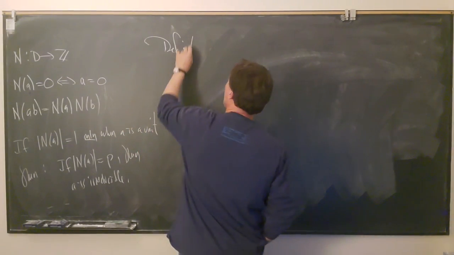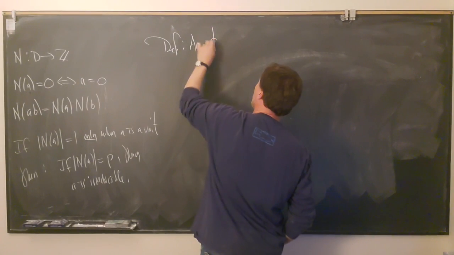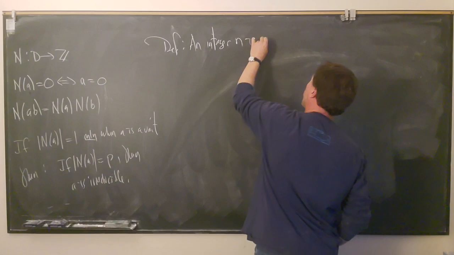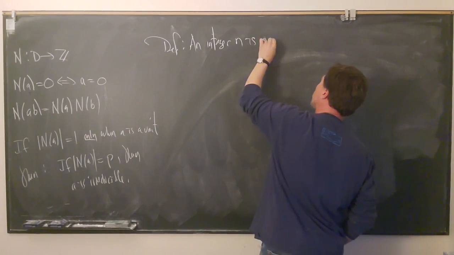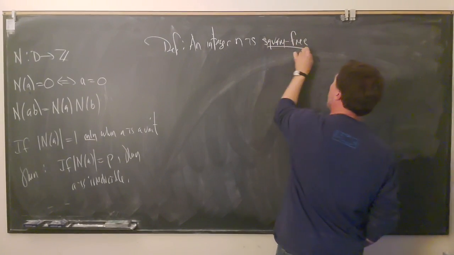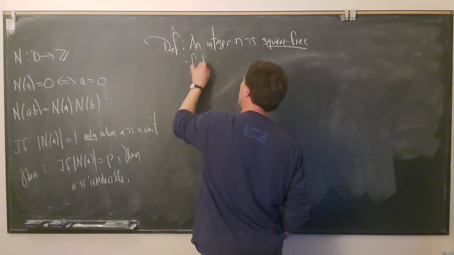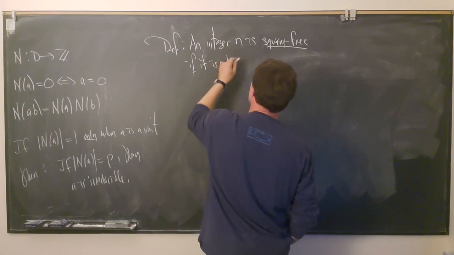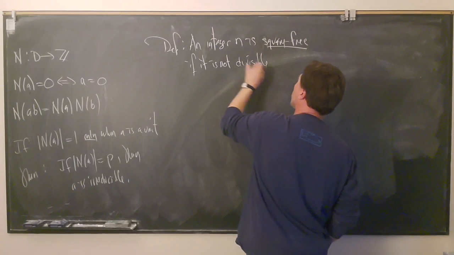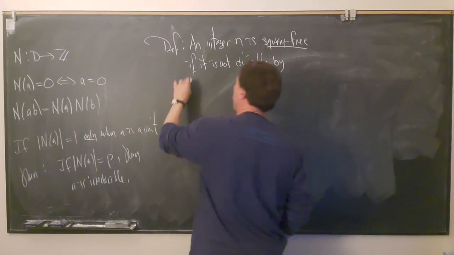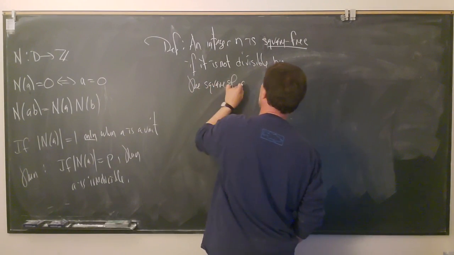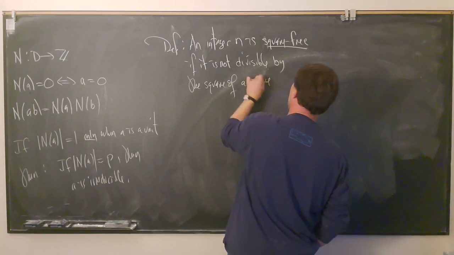So an integer n is square free if it is not divisible by the square of a prime.